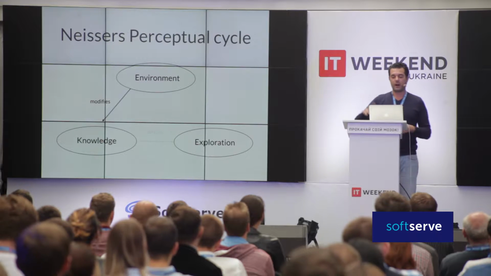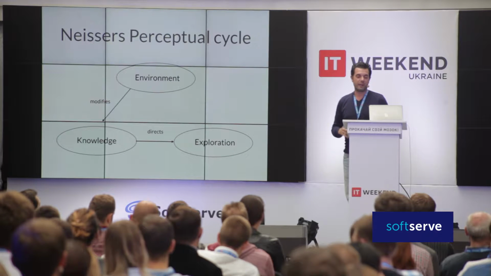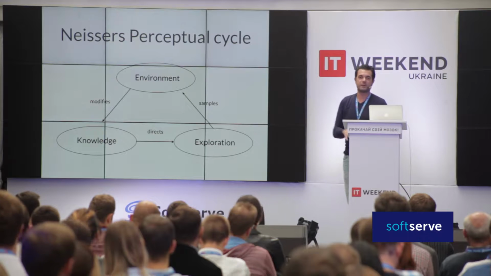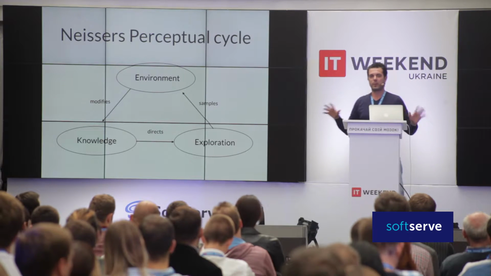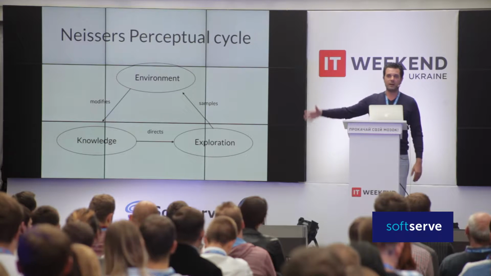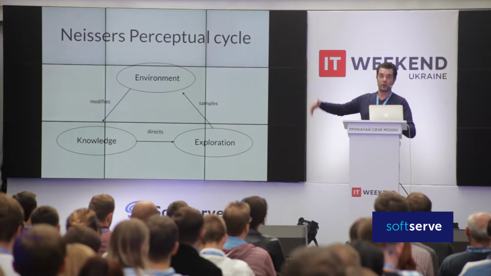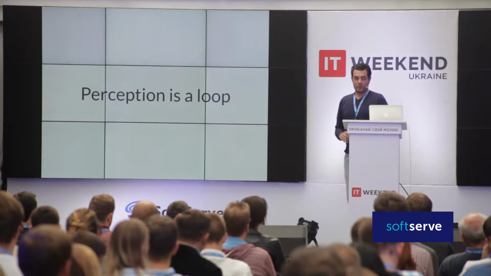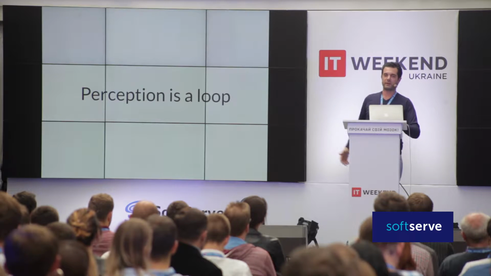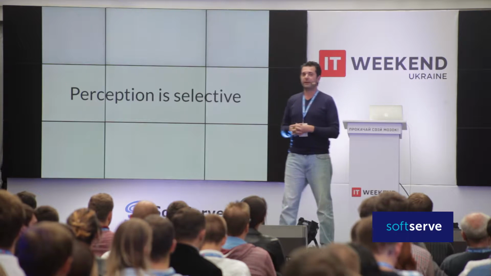My knowledge guides my exploration, and my exploration samples the environment. On and on and on and on, since the very first second we were born. Viscerally, rationally, whatever perspective you want to take, there's this loop constantly going on. So perception is not just something invented, I would say, but it's a loop. It's a wild truth. And it's very selective.